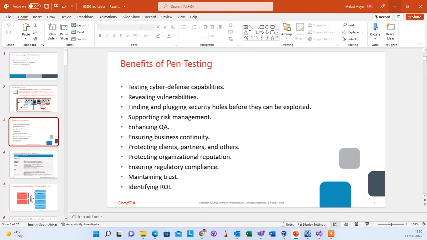All right, and then identifying return on investment. This is the part where we find that we have bought, for example, a firewall from a certain organization. It might be a FortiGate firewall, an iShield firewall, or a Cisco firewall. So the marketing department or the finance department wants to know that all of this equipment they have bought will return value.